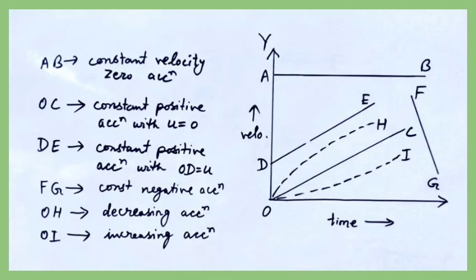Curve FG represents constant negative acceleration or retardation. OH with decreasing slope represents decreasing acceleration, and OI with increasing slope represents increasing acceleration. I hope with this the graphical representation of motion becomes clear.